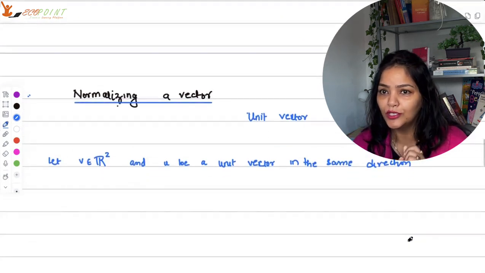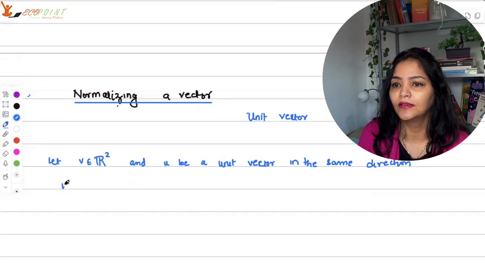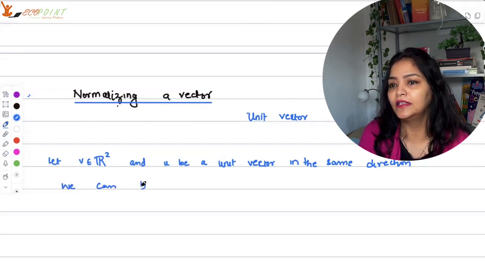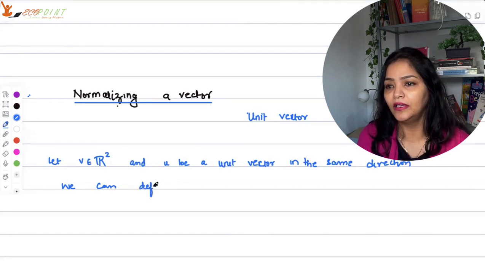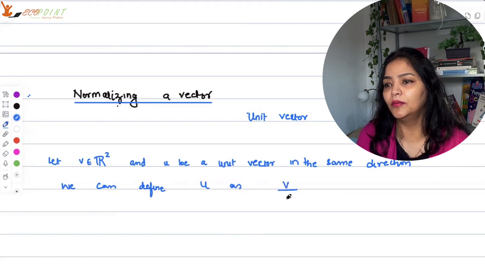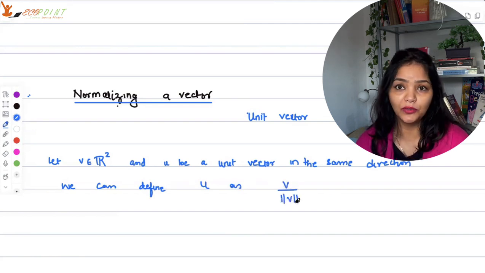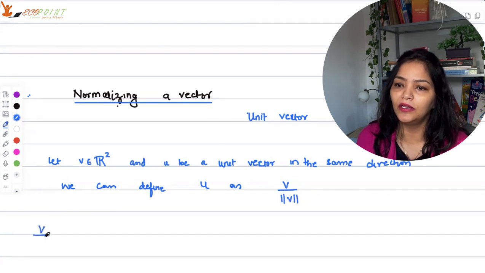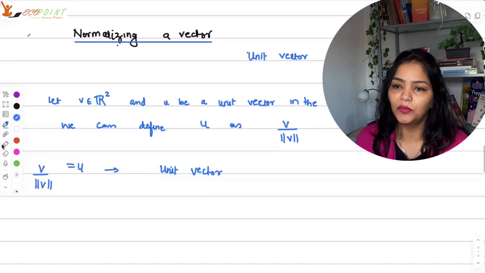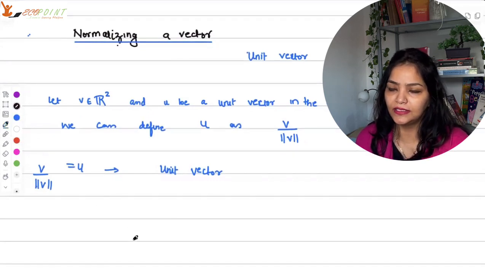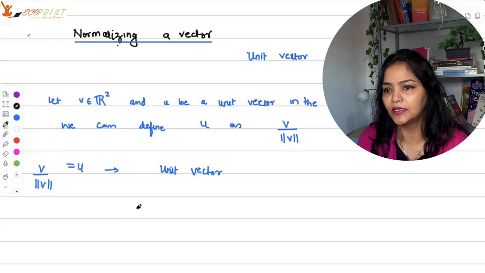Then do you know what u will be? We can define u as v upon the norm of v. Do you know why? Basically, v upon the norm of v, this new vector, will always be a unit vector. The reason, suppose we have already taken this case in R2, so this becomes pretty simple.